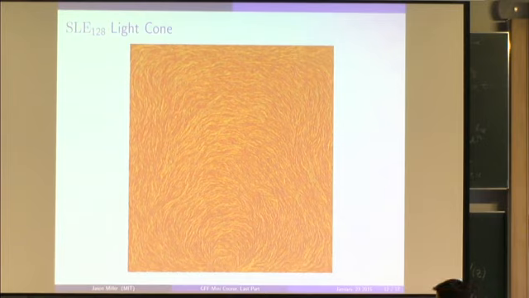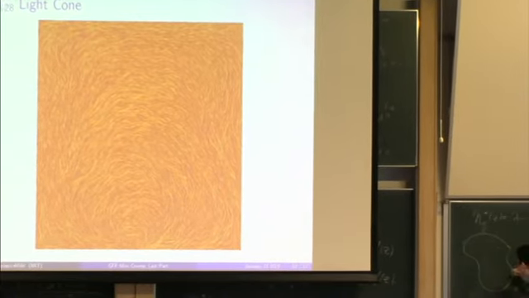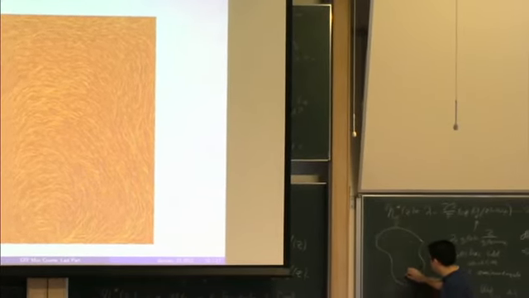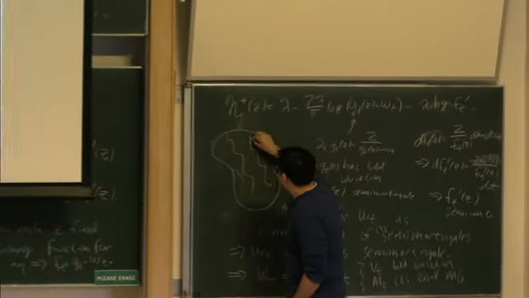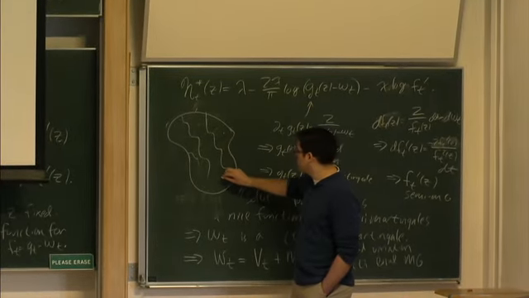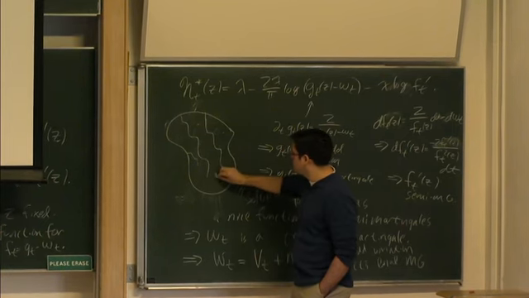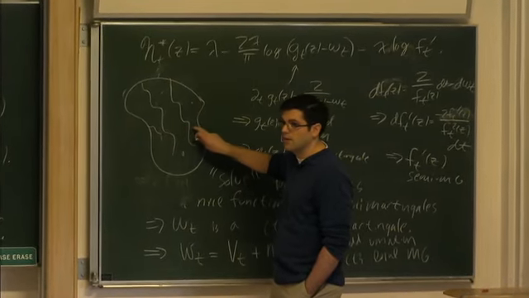Well, essentially the reason is that this is actually related to one of the facts we did about local sets. So let's say you have a domain like this, and let's say you throw down some flow lines. When you have these flow lines, you know that the conditional expectation of the height of the Gaussian free field, given these flow lines, is going to be the function which is harmonic and has certain boundary values along the flow lines.